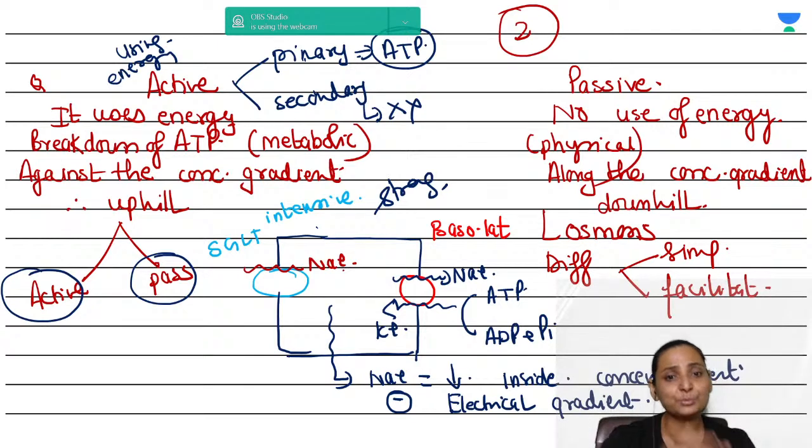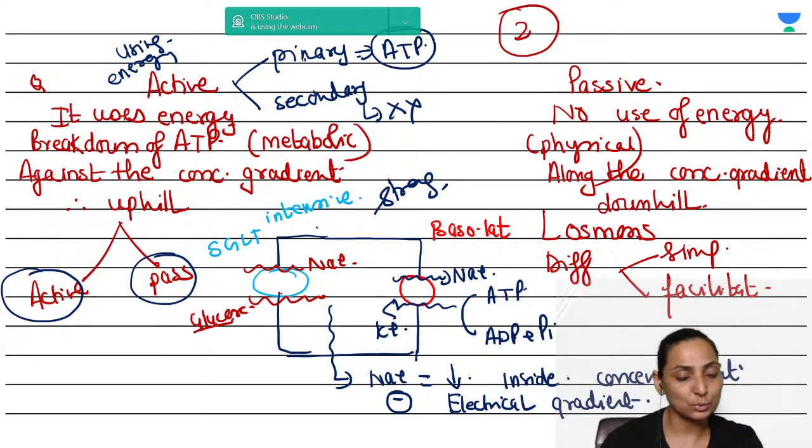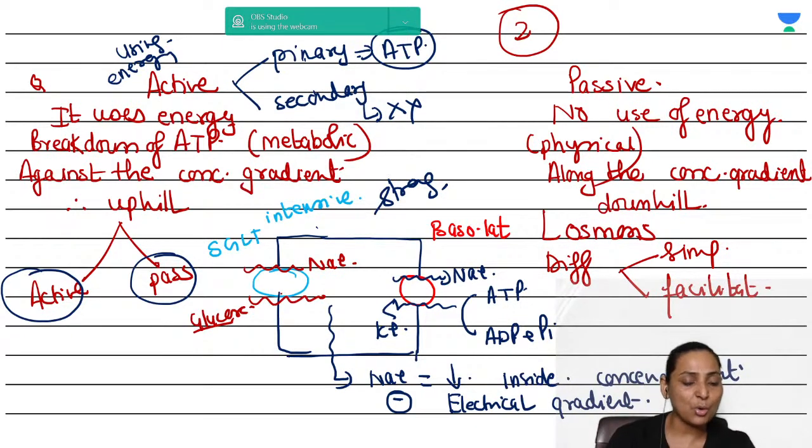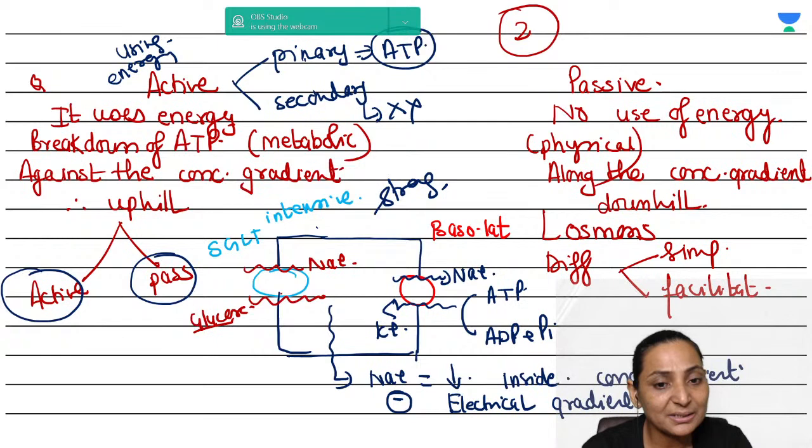So now sodium just wants to come inside, right? This will also allow any other substance, suppose over here it is glucose, to bind with this, and the sodium along with glucose is going to be reabsorbed because of a very strong concentration gradient being created by the low sodium inside.